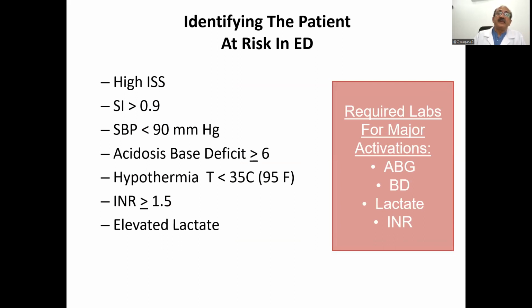Which patient is at risk? We have to identify high injury score, shock index more than 0.9, and systolic blood pressure less than 90 millimeters of mercury. Acidosis and base deficit more than 6, we have already gone through it, and hypothermia, raised INR, and elevated lactate. So we require labs for the major activation.